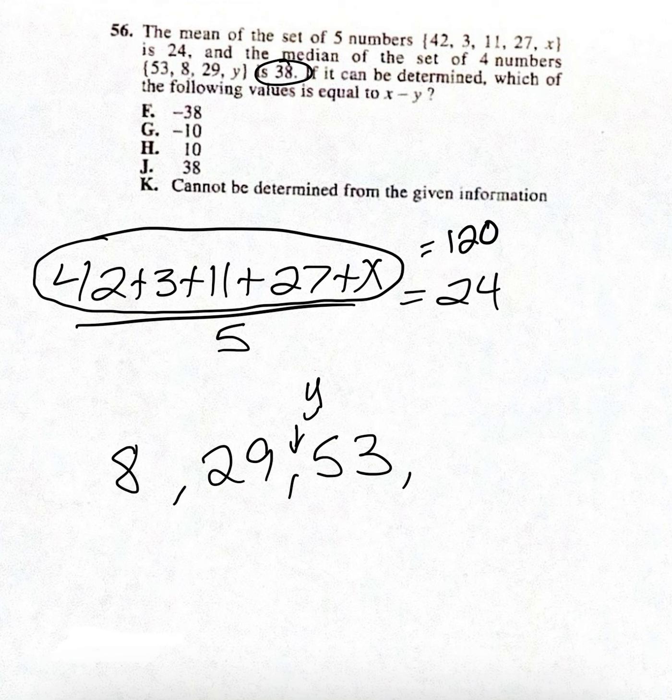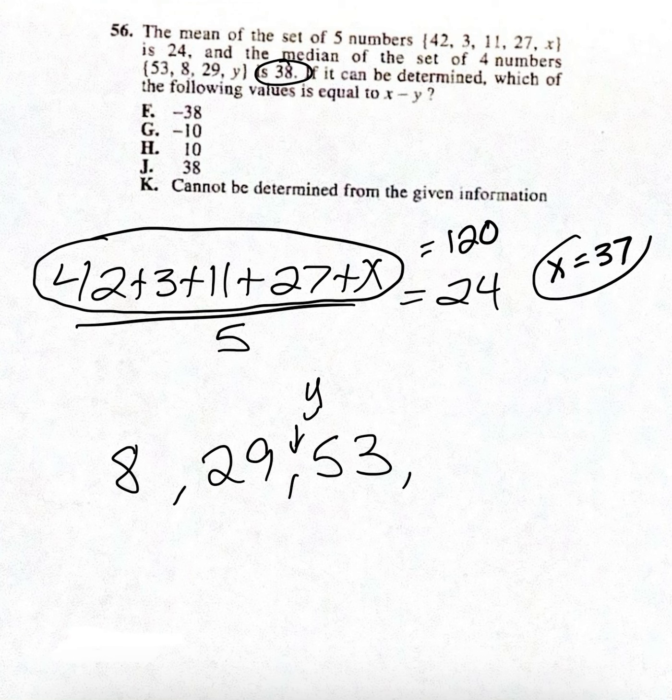And so to solve for x, we just have to subtract 42, 3, 11, and 27 from 120. So I'm going to do that in my calculator. 120 minus 42, minus 3, minus 11, and minus 27 gives us an x value of 37.